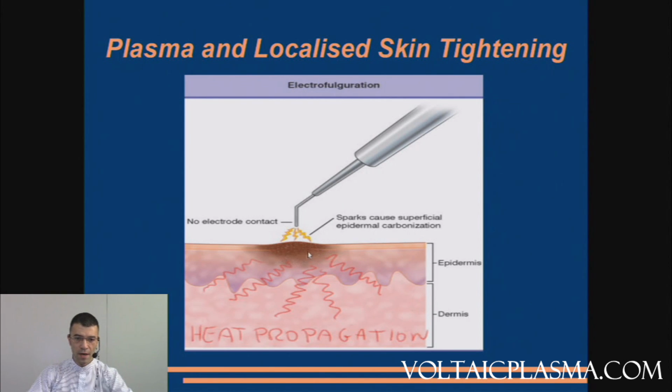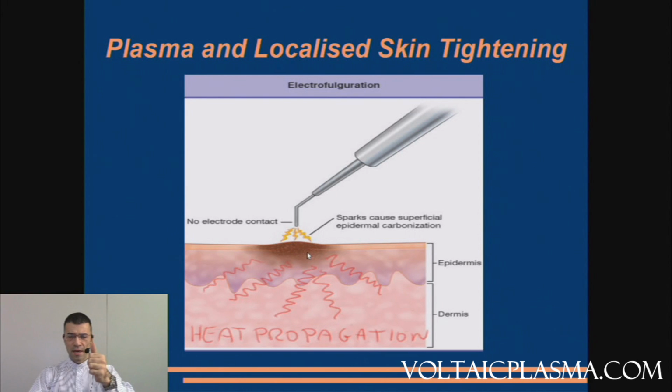When you apply a voltaic spot onto the skin, a certain amount of heat is released into the skin, and that is proportional to the duration of the voltaic burst that you have produced, the power intensity of that arc, which depends on the power setting, and also the distance between the spots.